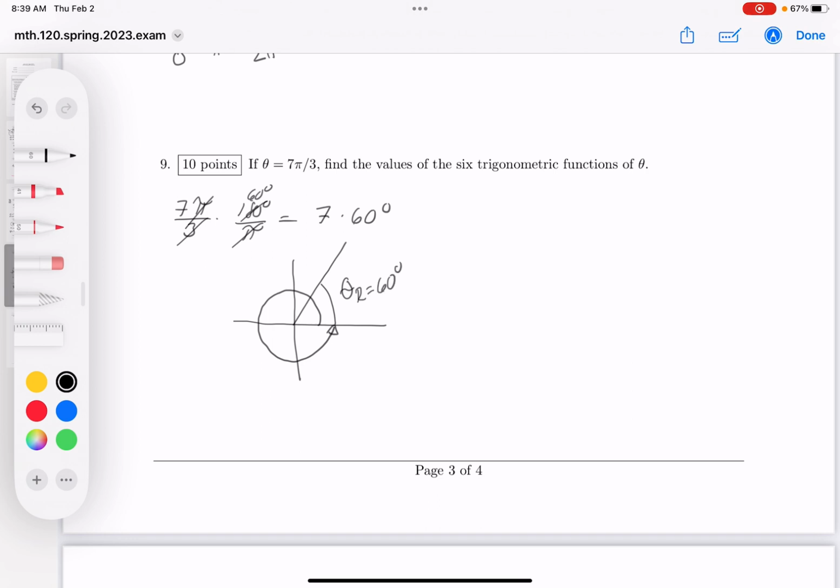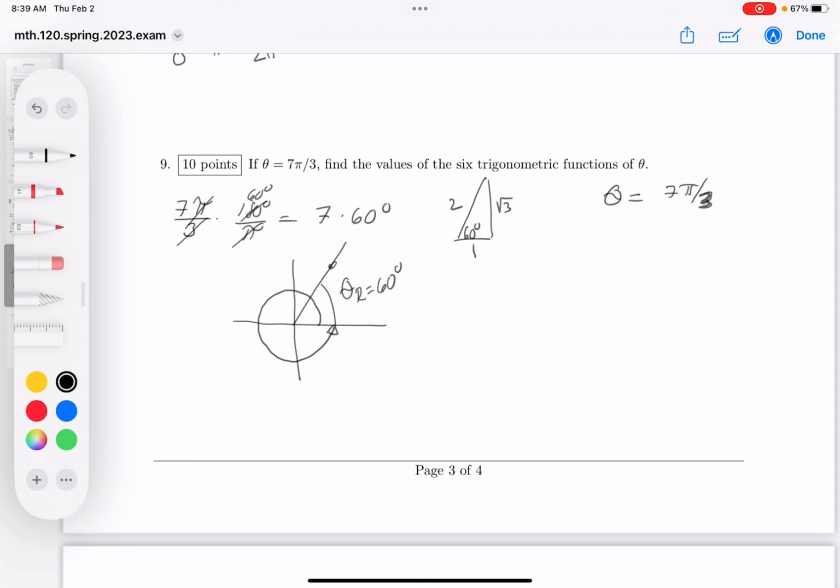And I certainly know about that, all right? So I'm going to say I'm in the first quadrant. I got a reference triangle, relatively simple, 60 degrees, and that's going to be root 3. This is going to be 1, and that will be 2. Now again, theta is 7 pi over 3.